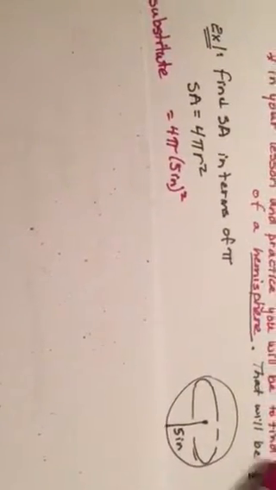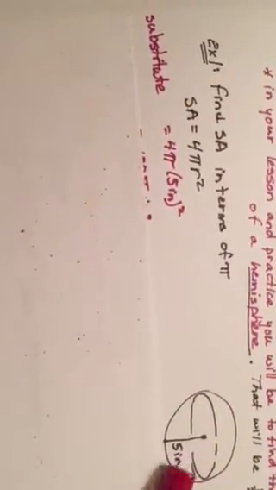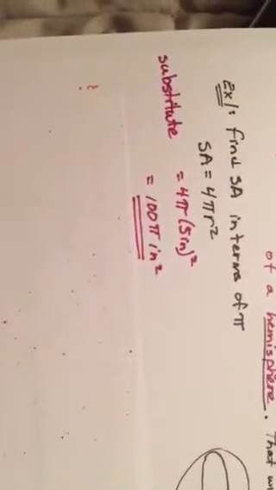Example 1 on page 524 is to find the surface area in terms of pi, which means no approximation. Surface area equation again is 4 pi r squared. We substitute in 4 pi, and we have over in our drawing that the radius is 5 inches, so 5 inches squared, which equals 25 times 4, which is 100 pi inches squared for the surface area.